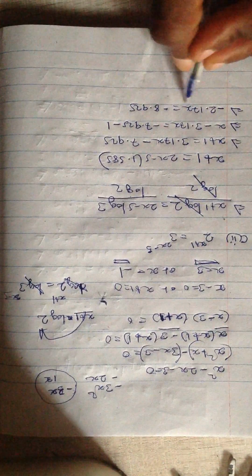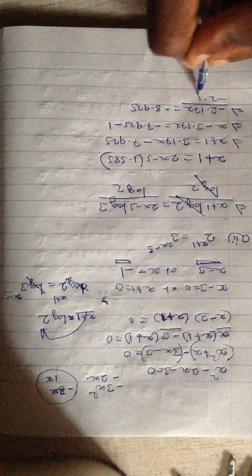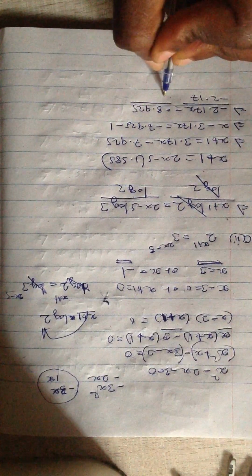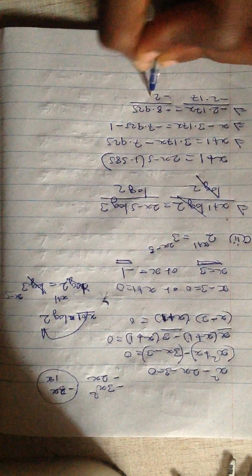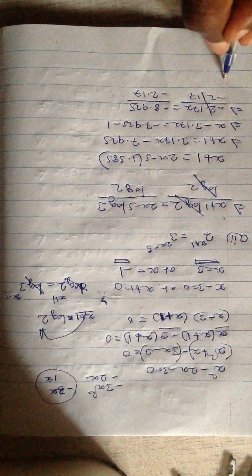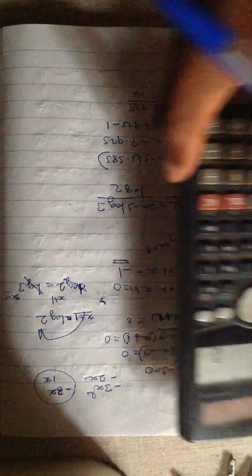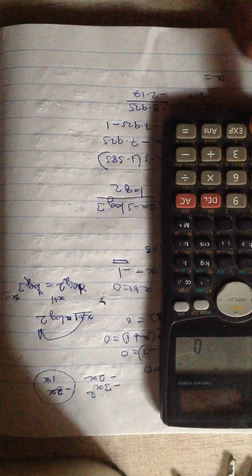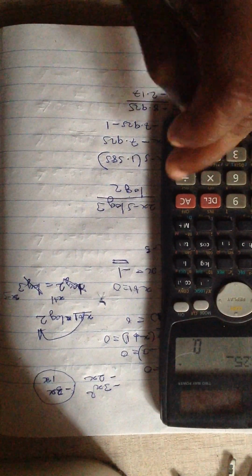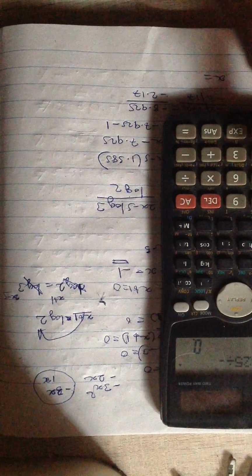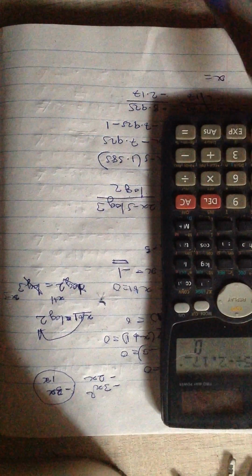You divide throughout by what? Negative 2.17. Even here, negative 2.17. You cancel. Meaning your x equals to, what is negative 8.925 divided by negative 2.17?